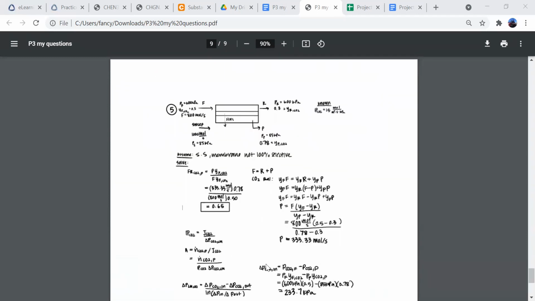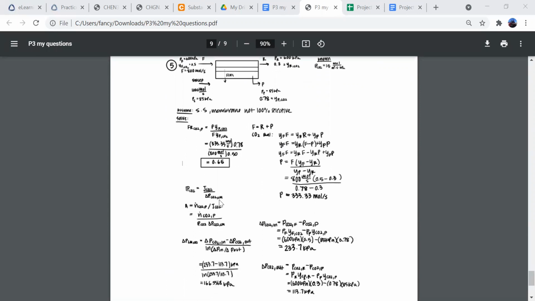And so this is mass transfer unit operations through a membrane, and the fractional recovery is the partial pressure in the permeate divided by the partial pressure in the feed of carbon dioxide. And you can solve for a lot of these values using a total mass balance as well as a component mass balance for carbon dioxide.